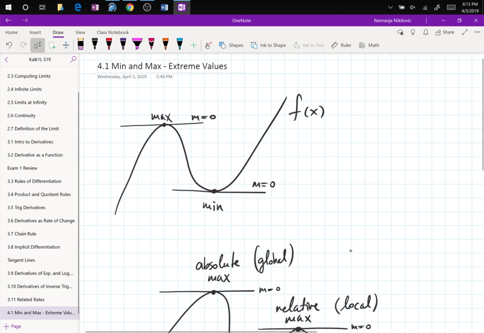So now if we go back to our, let's say, x cubed version of the graph, those min and max are what? Local or global? Local, very good. Because local min, because all of these values are lower than our min, so that makes it local. And then you have the other edge that goes forever up, and that's going to make this max also to be local or relative.